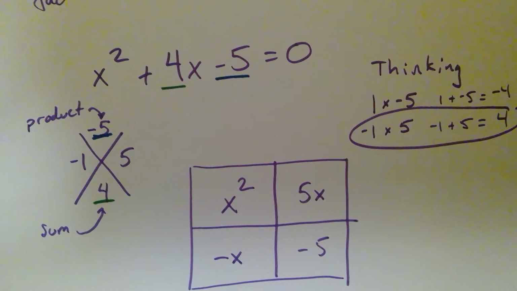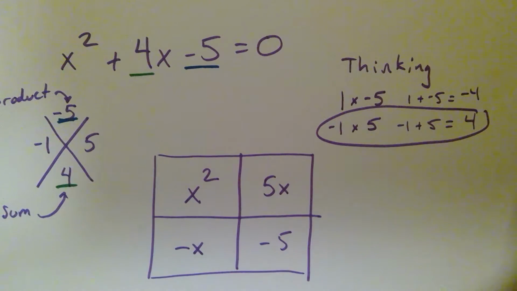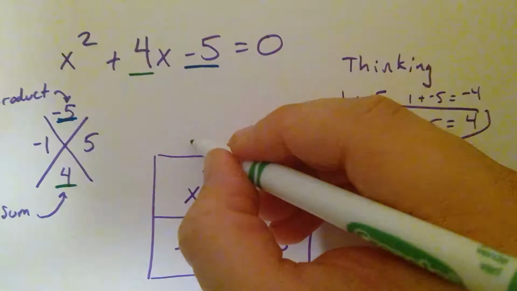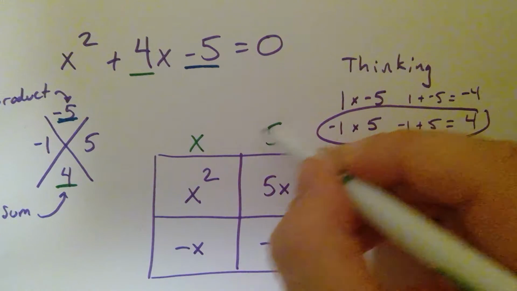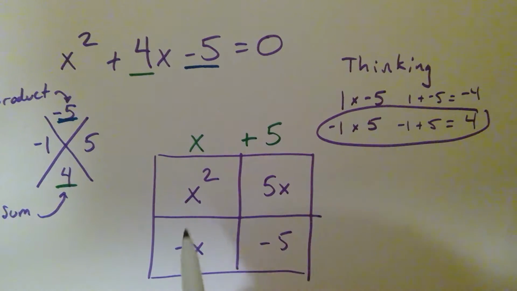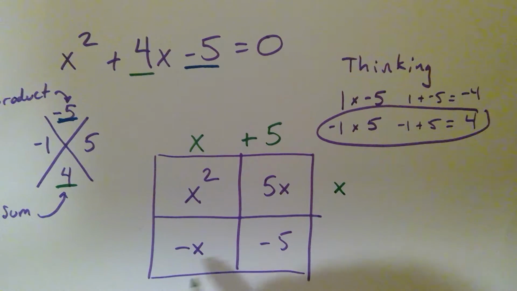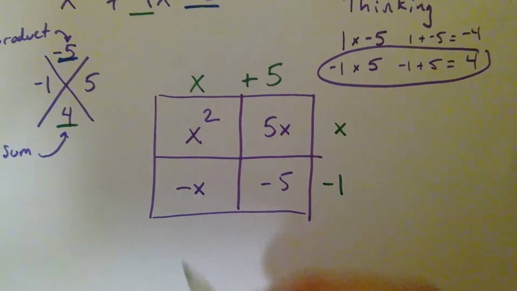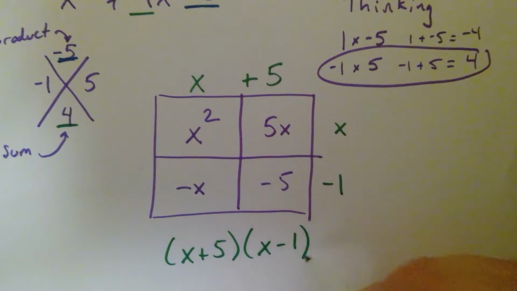We spent a lot of time on factoring out terms in order to help us with this method. So x squared and -x both have an x. 5x and -5 both have a 5. On this side, x squared and 5x both have x. -x and -5 both have -1. So our factors are x plus 5 and x minus 1.